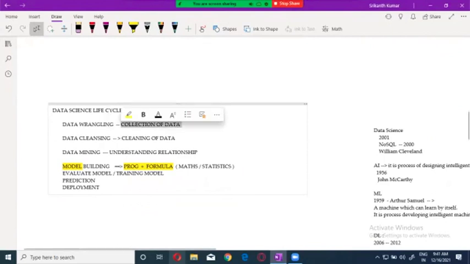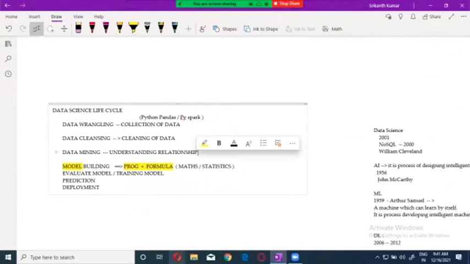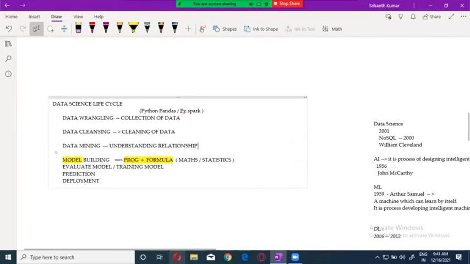Next one is called data cleansing, which is nothing but the cleaning of the data. Now this is data mining, which is understanding the relationship of the data. Internally there will be a relationship, and that will be understood here. Then the second part comes up: model building, evaluation of the model or the training of the model, prediction and deployment.